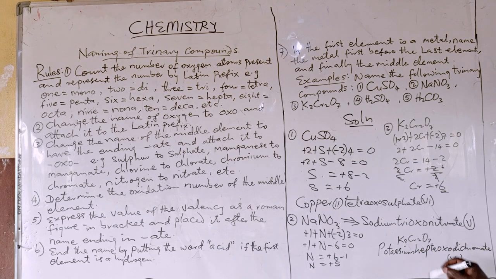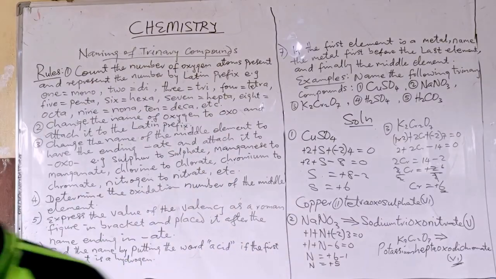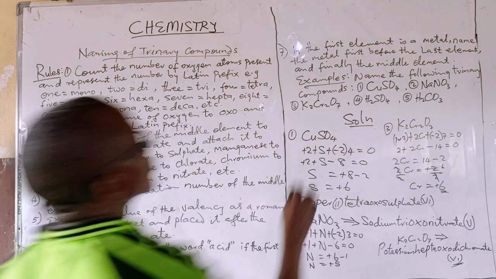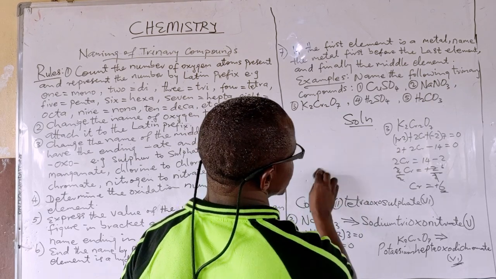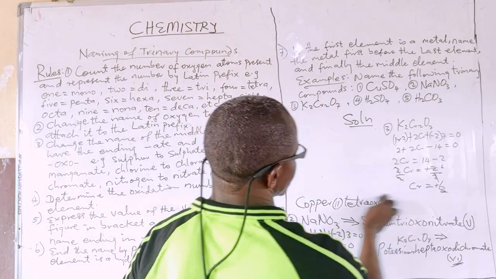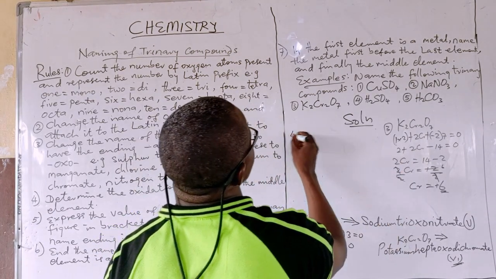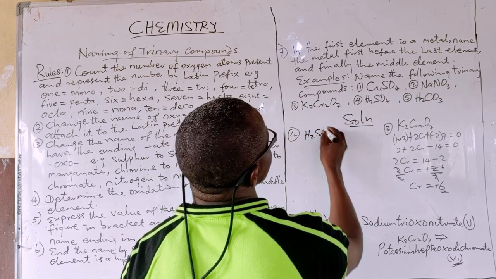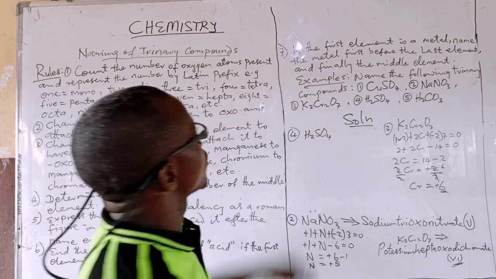K2Cr2O7. Okay, now let's move to the next one. Number four is H2SO4. What is the oxidation state of sulfur?